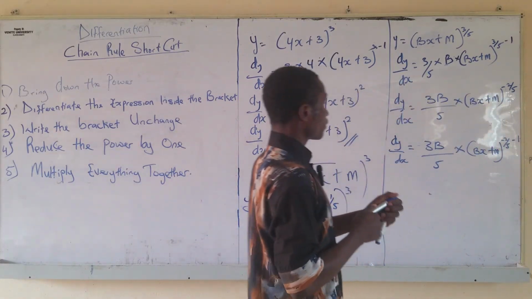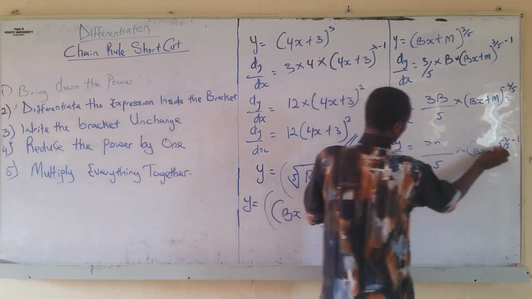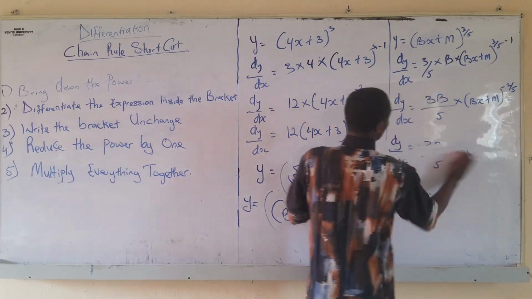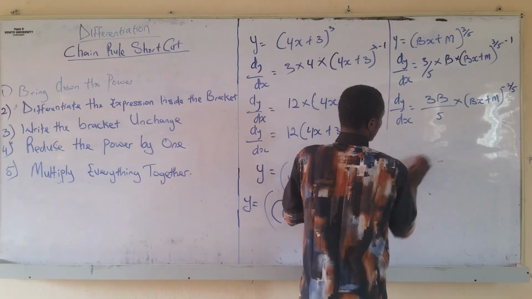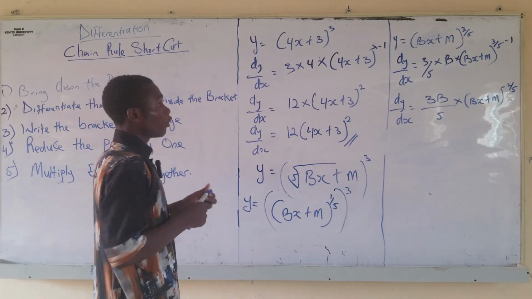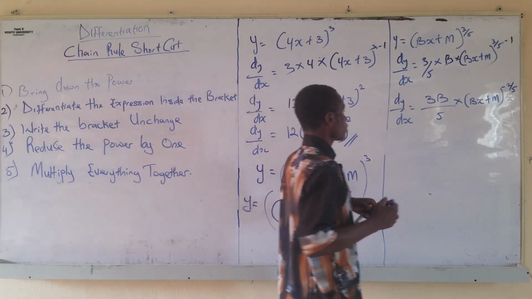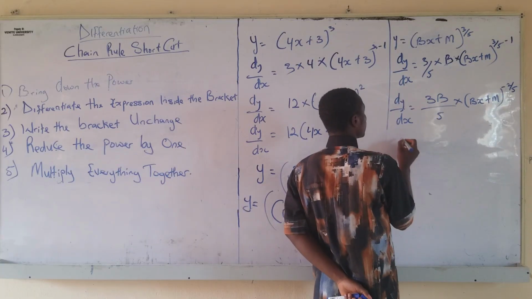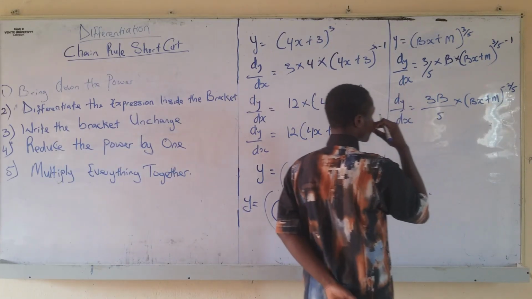I'm sorry, we have already reduced the power by 1, which is minus 2 over 5. Then the last step is to multiply everything together.